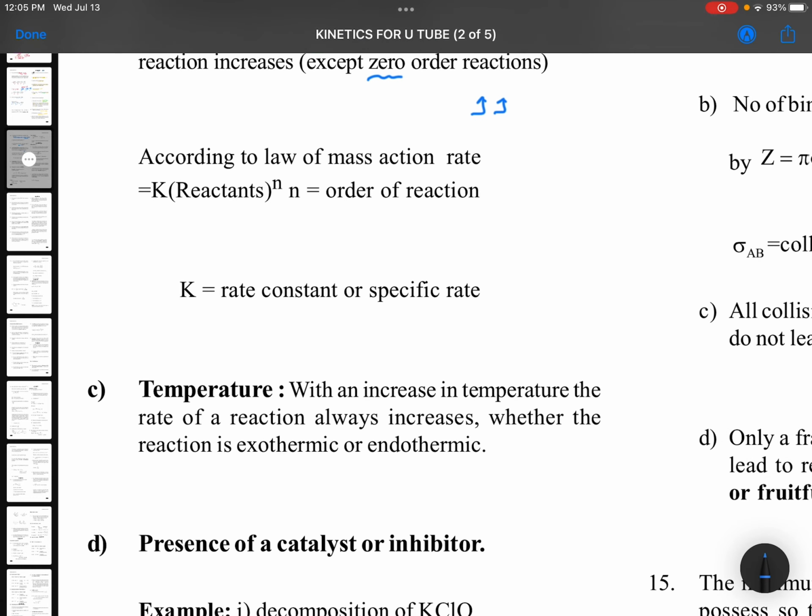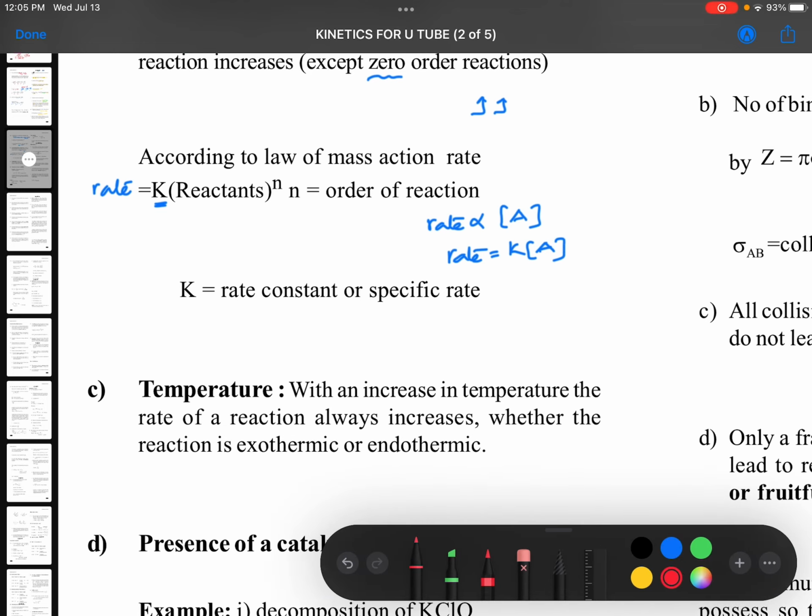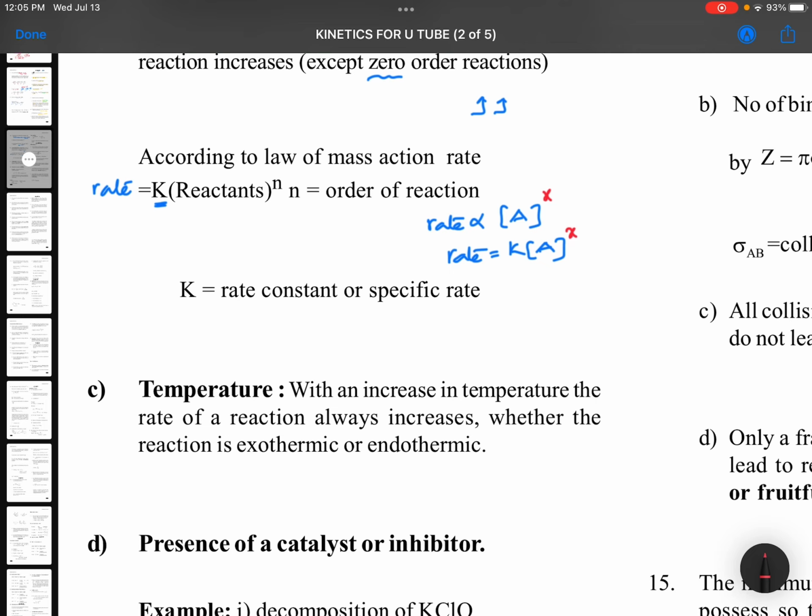According to the law of mass action, rate is proportional to the concentration of reactants, so rate is equal to K into concentration of A, and generally we mention some power here. This power is known as order. About order we'll discuss in detail later; 50% of this topic contains order things only.